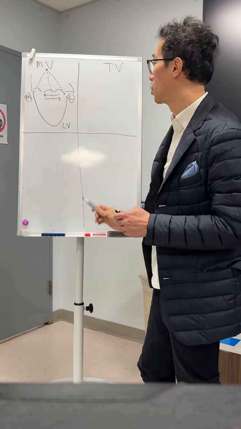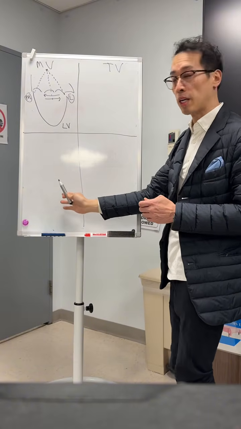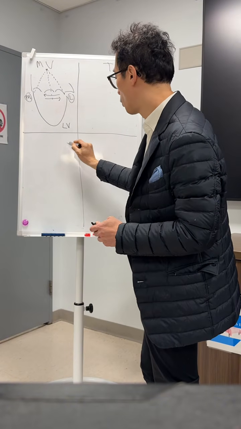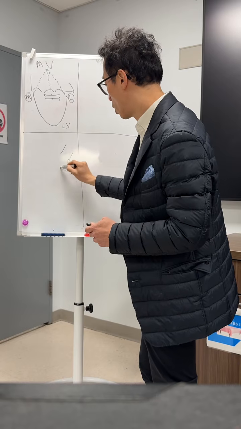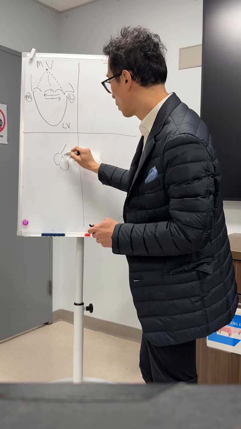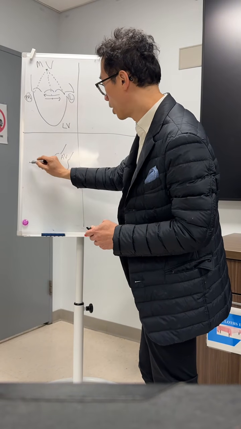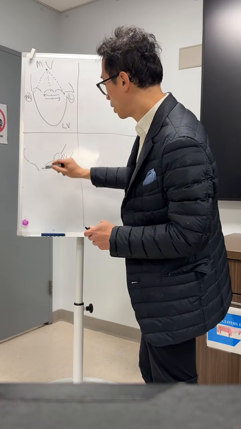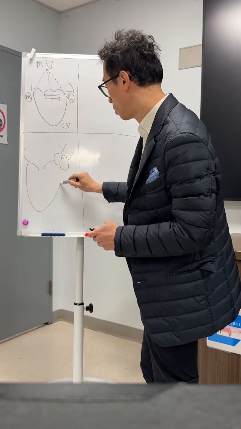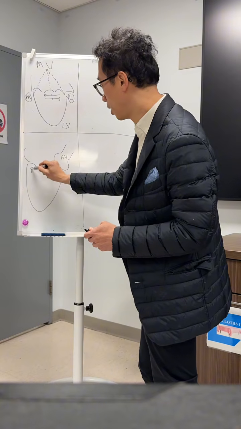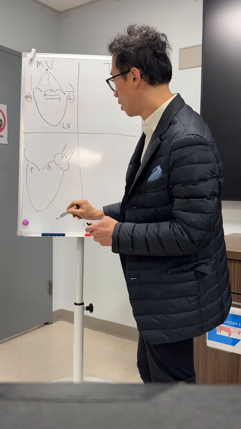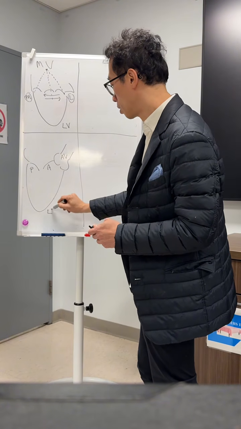But if you go back to an X-plane now, here's what you see. If you're in the middle, this is the aortic valve. This is your anterior mitral leaflet, this is the posterior leaflet. So this is P, this is A, and this is your LV, of course. This is your LA.